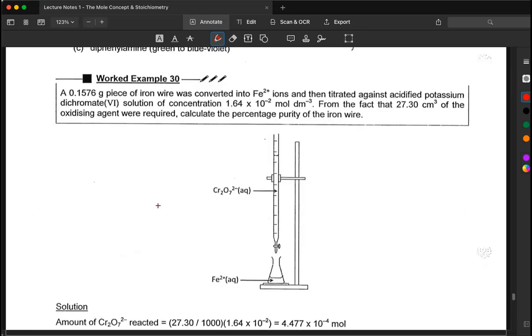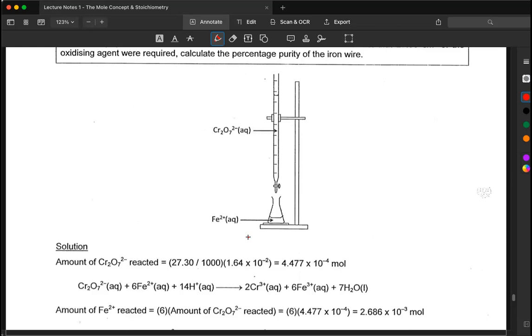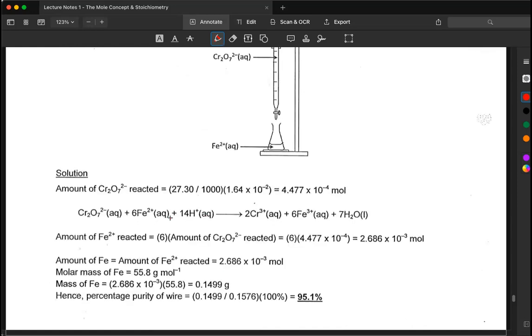Okay, so let's say you have this question. You have iron 2 plus in the conical flask, the titrand, and then you have this concentration of dichromate. First of all, you calculate the amount of Cr2O7 2 minus reacted. Given this one, this will normally be provided, unless they have a separate question asking you to write it.